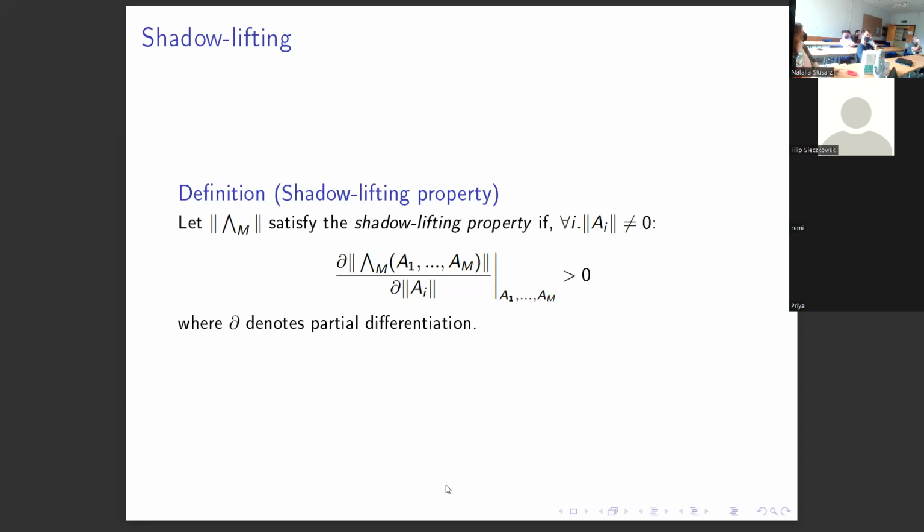So when we have a conjunction, we want the value of the conjunction to increase if the value of one of the elements in the conjunction increases as well. So if one of the elements gets larger, we want the value of the interpretation of the entire conjunction to also increase. This way we can reward the neural network for even partial improvement, even if the conjunction is still not true. It's false, but it's slightly less false. So we want to reward it, essentially.